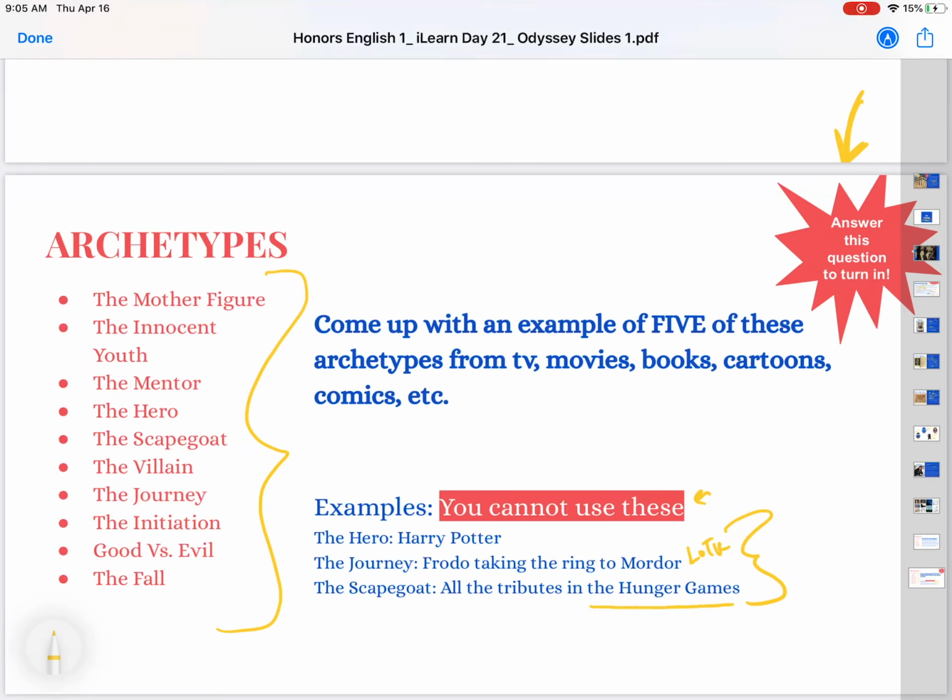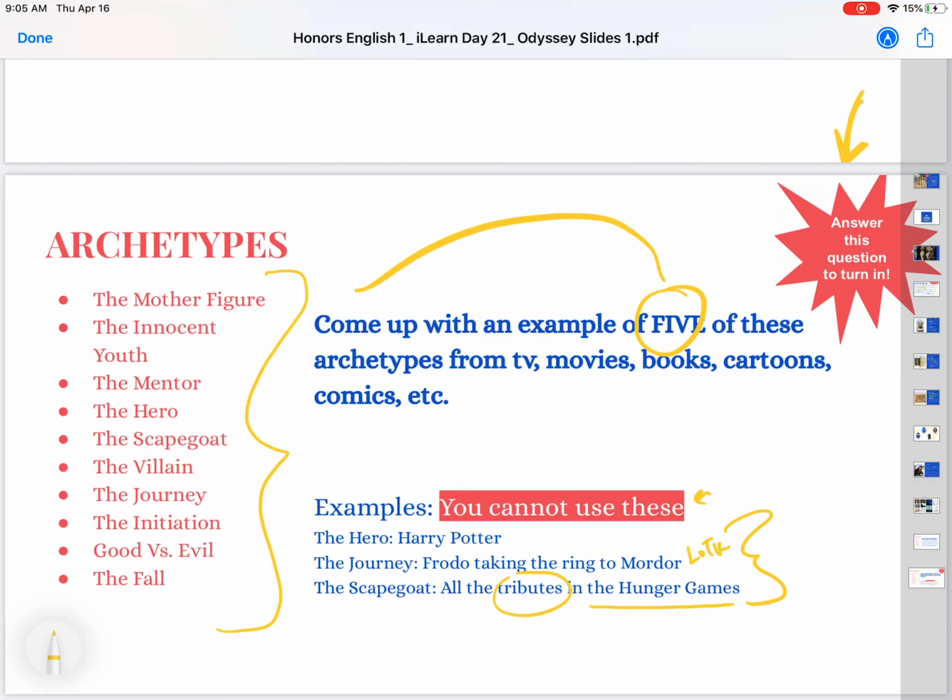So in the Hunger Games, all of the tributes, Katniss, Peeta, Marvel, Glimmer, Rue, Cato, Enobaria, Finnick, all of the tributes from all of the years of the Hunger Games, all of them are scapegoats. The problem is happening between the Capitol and its people. The tributes end up taking the fall, right? They're the ones that have to be killed. So they are the scapegoats.